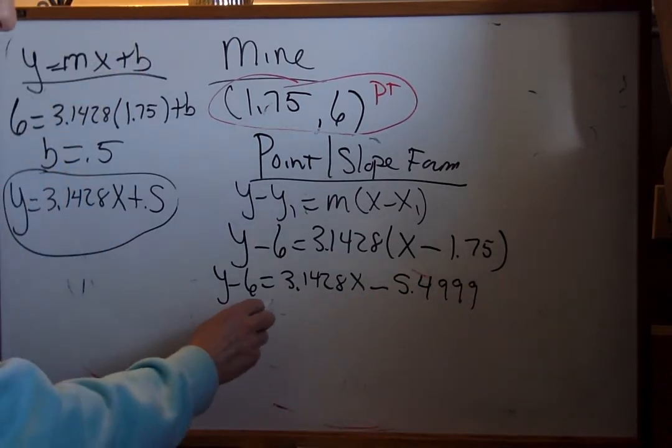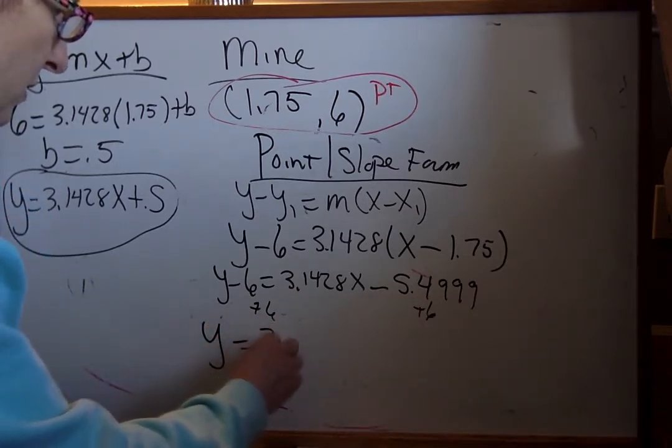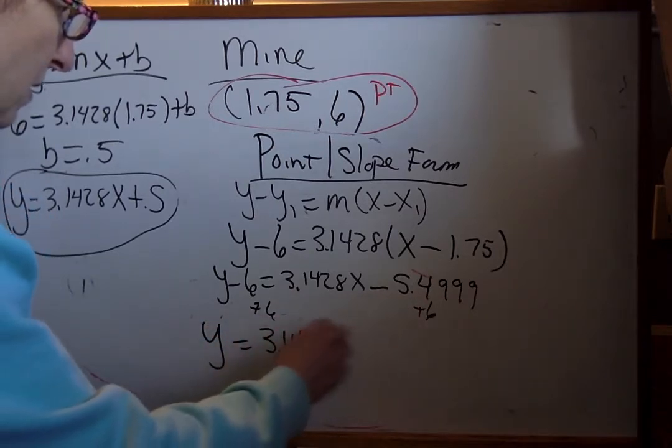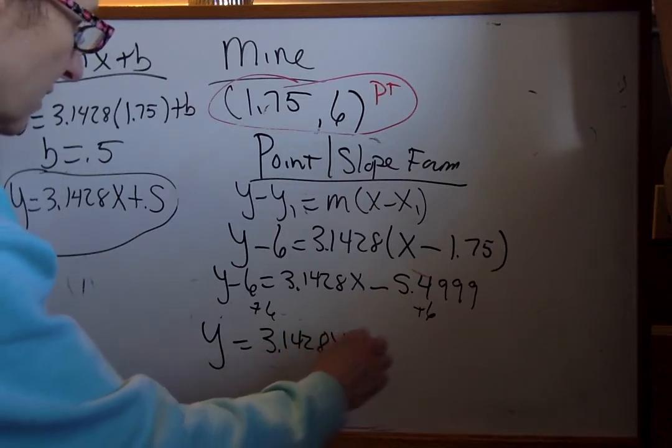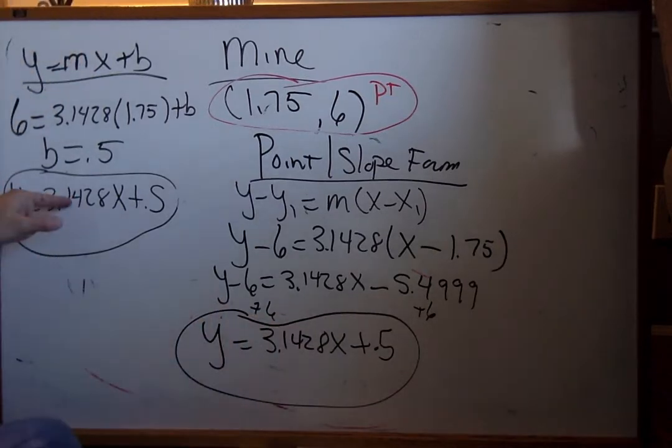And then add your 6 to both sides. And of course, you are going to get exactly what we got this way, right?